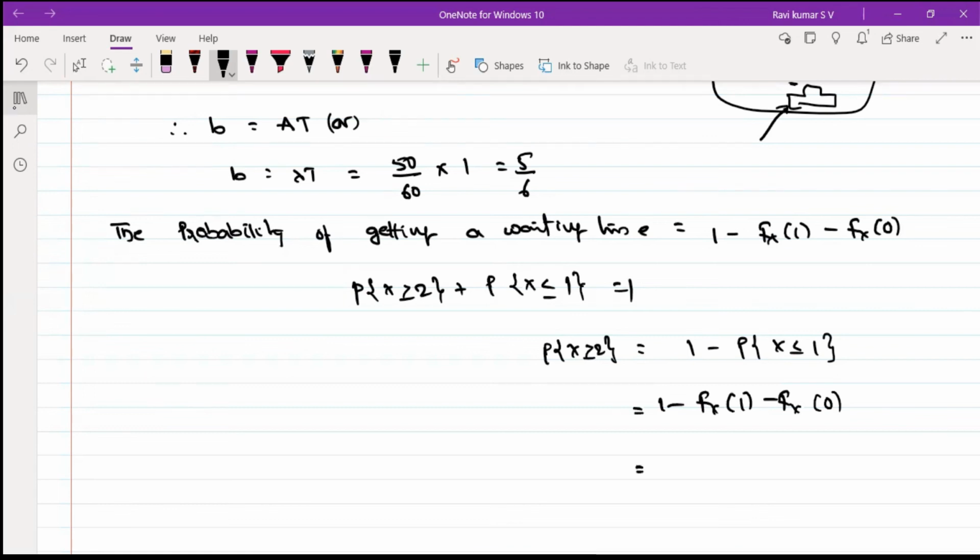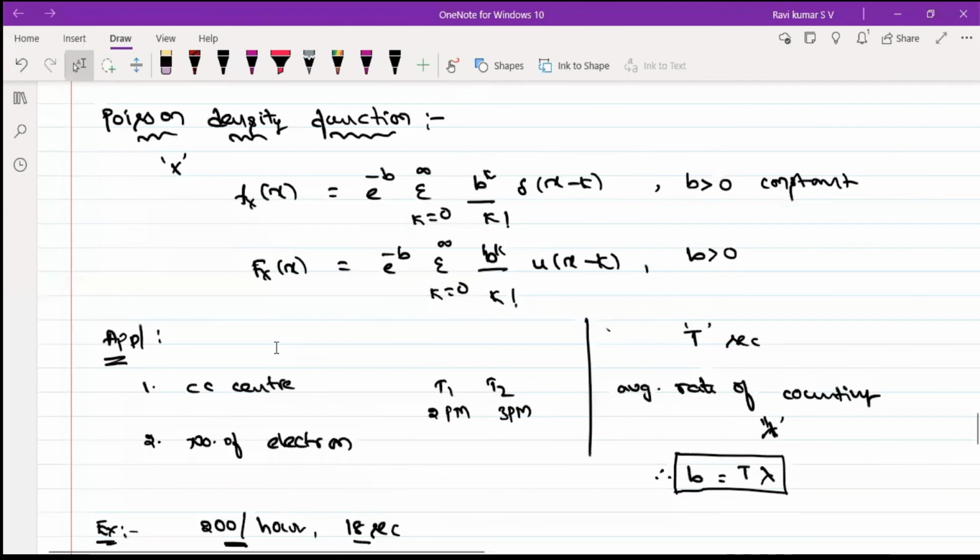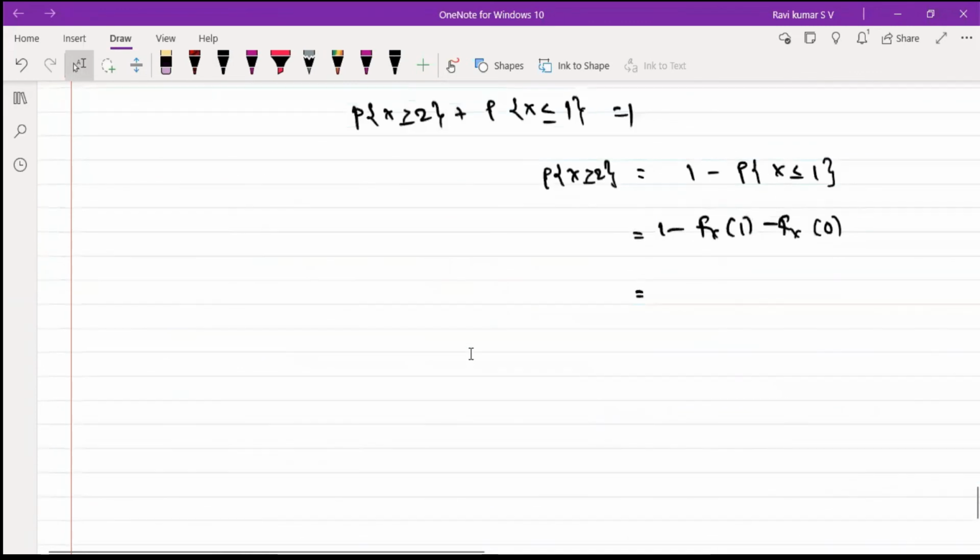Fx of x is equal to e to the power minus b, sigma k equals 0 to infinity, b to the power k by k factorial, delta of x minus k. If you are using the distribution function, it is represented with the unit step function. So you can use this equation here.